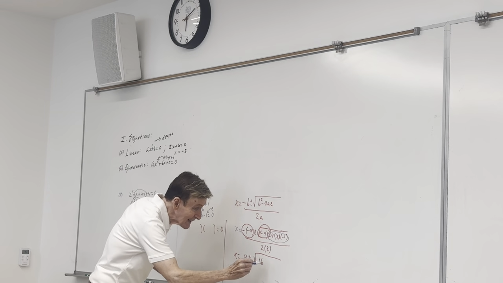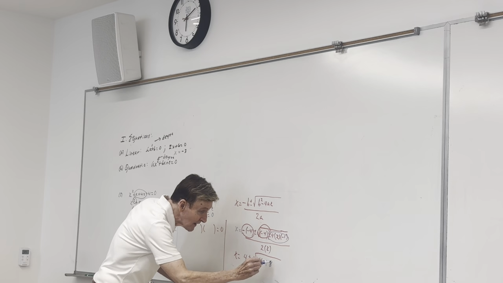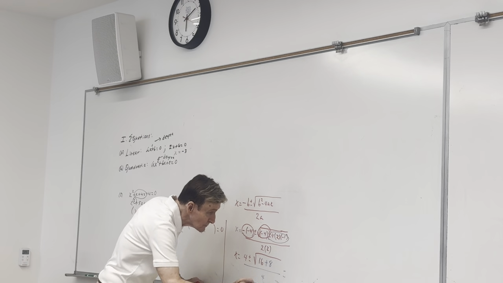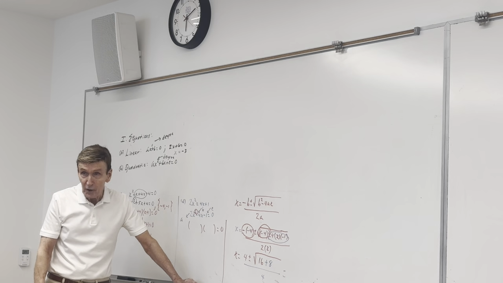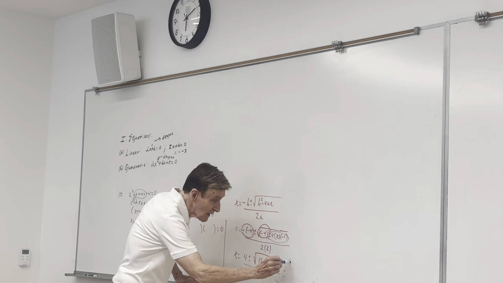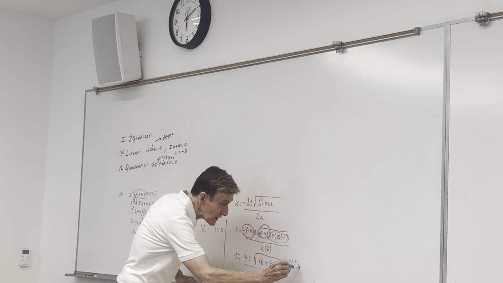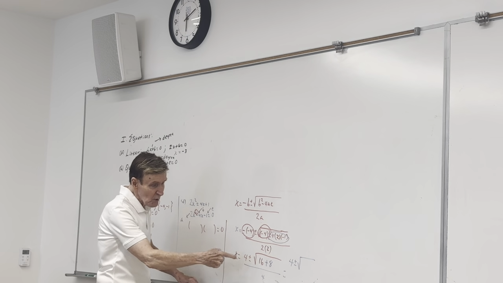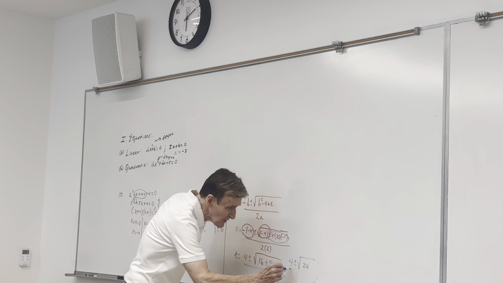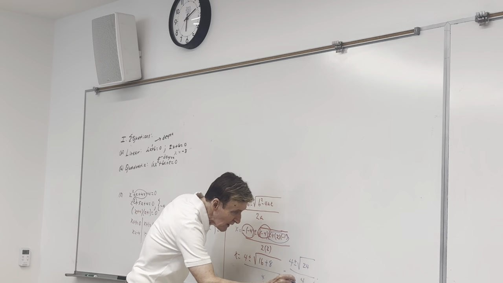Now I'll come back to it. All over, of course, that's 4, 2 times 2. We all agree? Okay, here we go. 4 plus minus, I'm not quite finished yet. Square root of, I need to put those numbers together. 16 plus 8, 24 underneath that square root, all over 4.